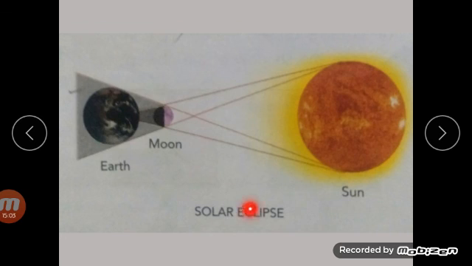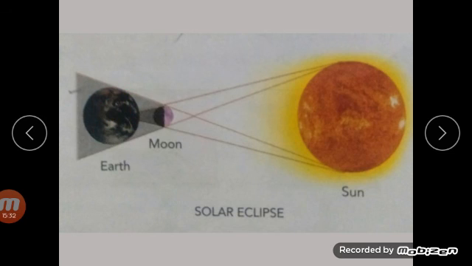So here is an image of a solar eclipse. When the moon comes in between the earth and the sun, that is called a solar eclipse. It blocks sunlight and casts its shadow on the earth, because the moon blocks the sunlight. And this you can see, children, here is the shadow. So it blocks sunlight and casts its shadow on the earth.